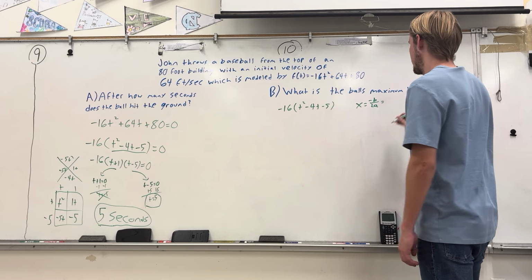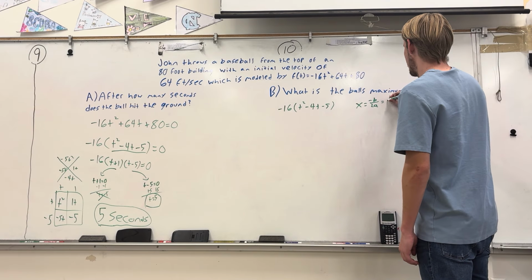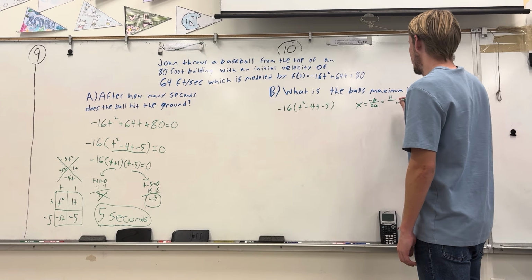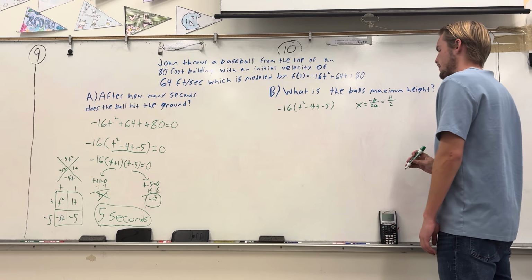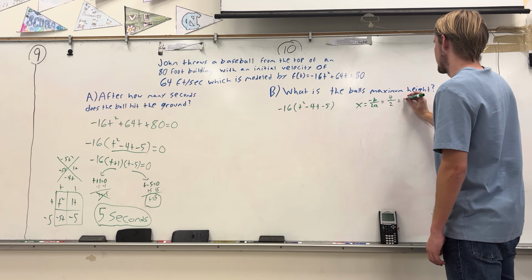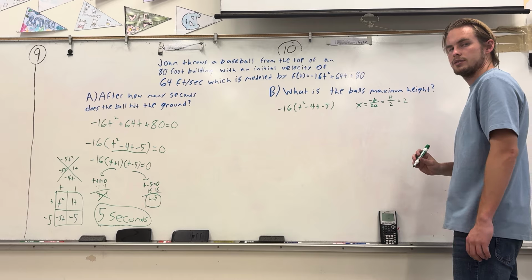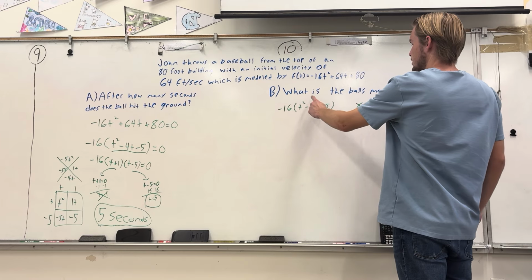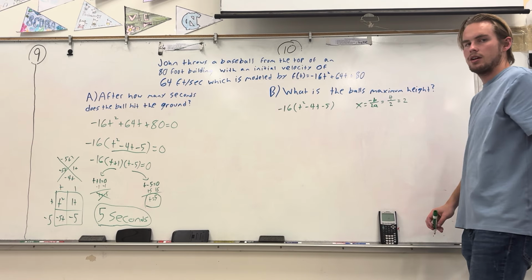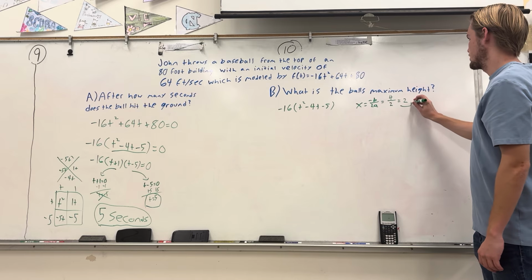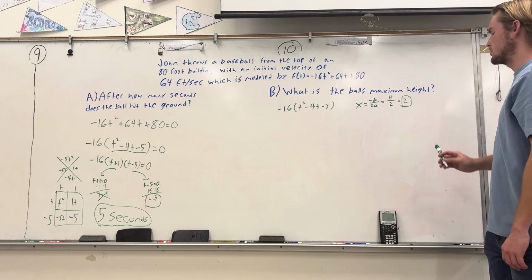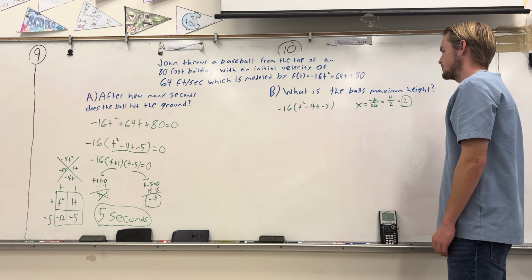Negative b is just 4, over 2a is just 2, and so this just equals 2. Since now our a is just 1, our b is negative 4, our c is negative 5. And so we get our axis of symmetry is at x equals 2. Or, yeah, it should be t.